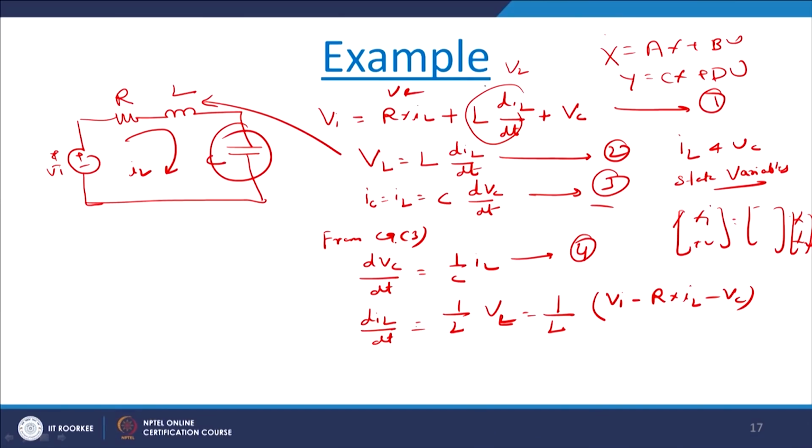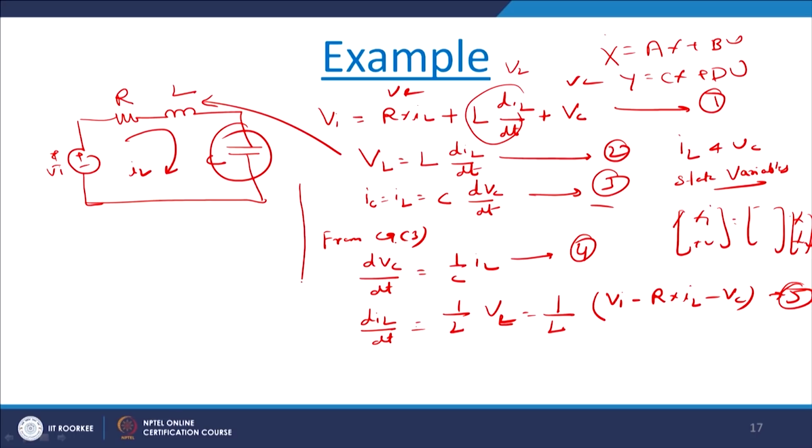Because here we have got VL and our state is in terms of VC and IL, so we want VC. That is why, from the original differential equation, we make an adjustment like this. This is VI, this is VR, VL and VC, so VL we write in terms of VI and VC, so VI minus R into IL minus VC. So now we write equation number 5.